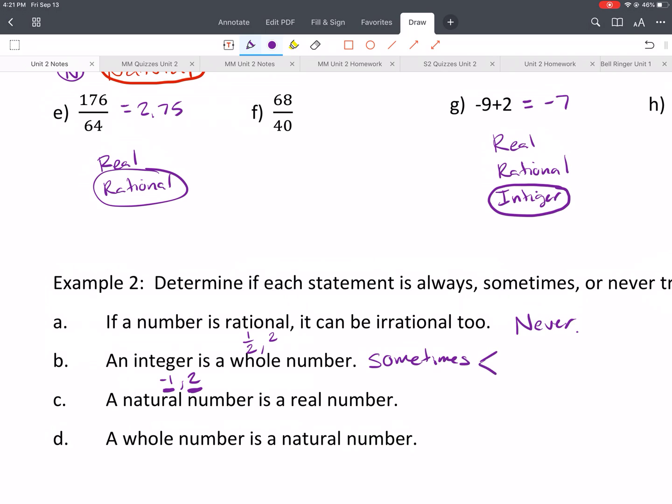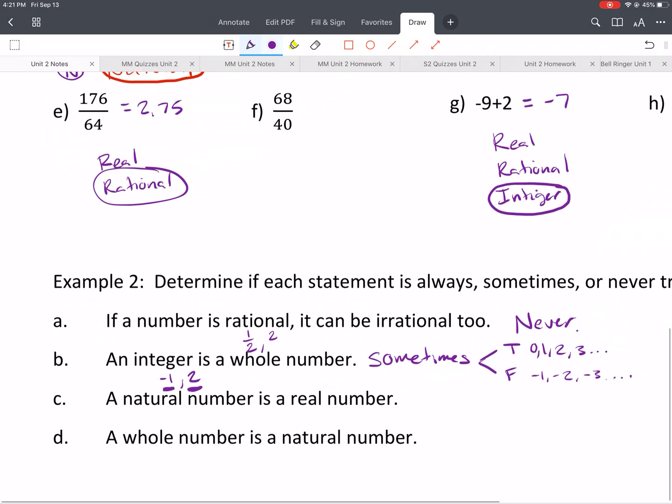Okay, so when we do sometimes, let's just say some examples of true and false. True would be something like 1, 2, 3, or any of those numbers, or I guess you could have 0, 2. And anything that you couldn't do would be something like -1, -2, -3. Okay, and those would make it false.